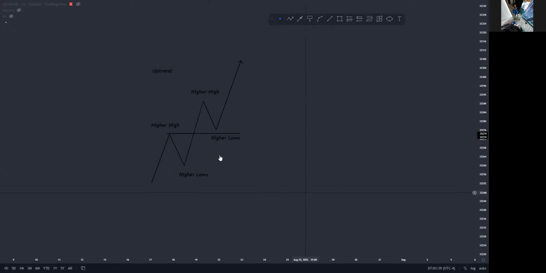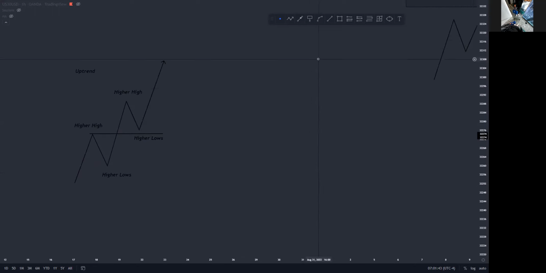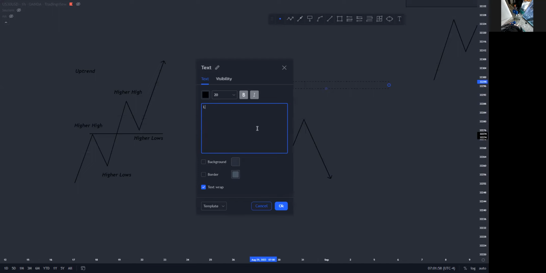All right. So we understand higher highs and higher lows. Now we're going to do a downtrend, coming down. These are lower lows and lower highs. So we got a lower high.